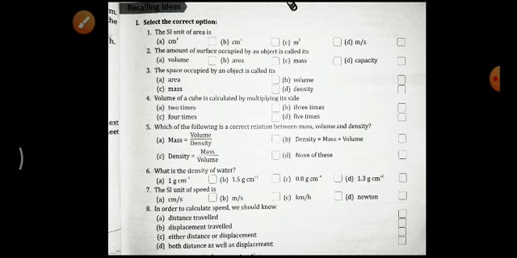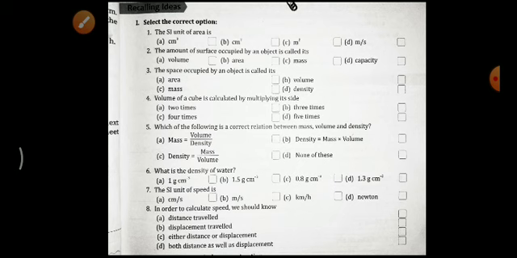Yes, you try to remember that. Density is equal to mass divided by volume, or density is defined as mass per unit volume. So the formula is density equals mass divided by volume. So what is the correct option here? Option C is the correct one, that is density is equal to mass divided by volume.